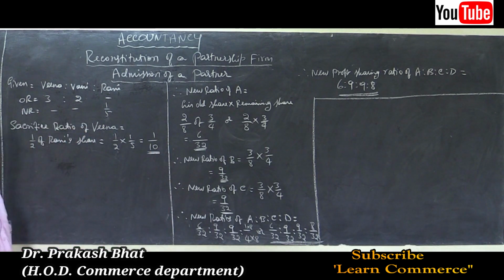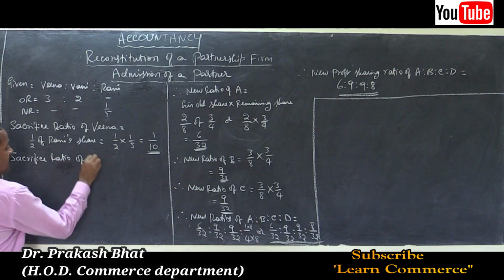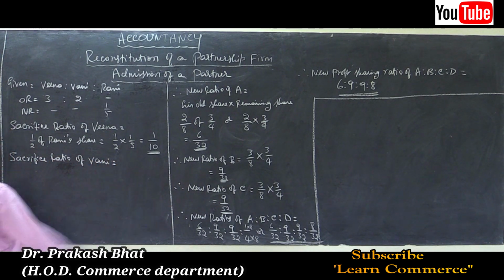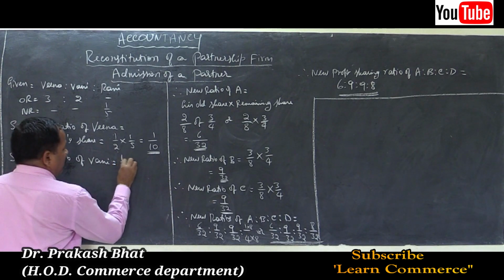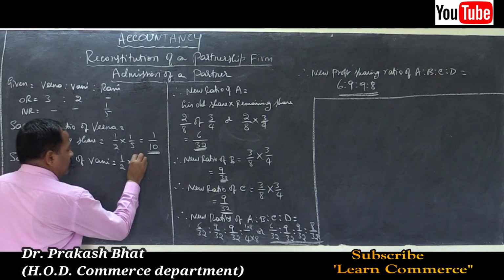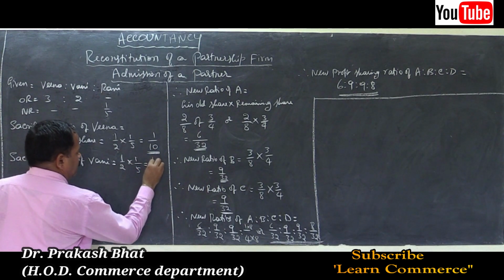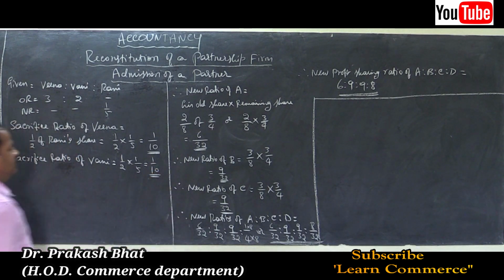This is the sacrifice made by Veena. Now, sacrifice ratio of Vani is equal to 1/2 into 1/5, which is 1/10 again.